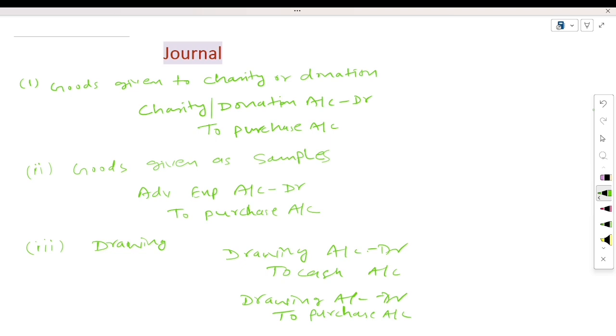Now the next very important journal entry is the purchase or sale of fixed asset. At the time of purchase or sale of fixed asset, suppose you are purchasing machinery for rupees 1 lakh.